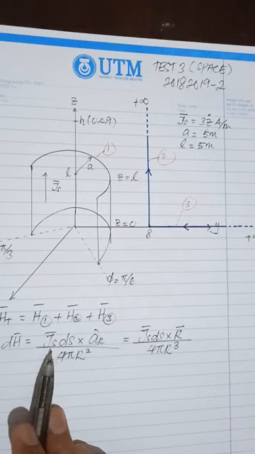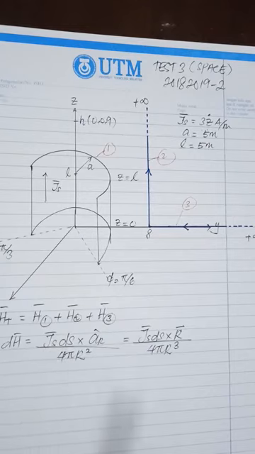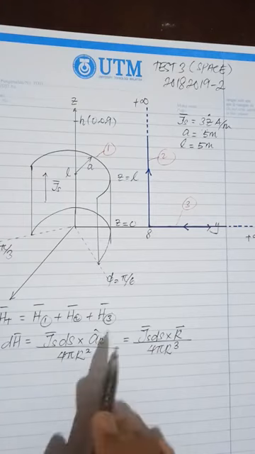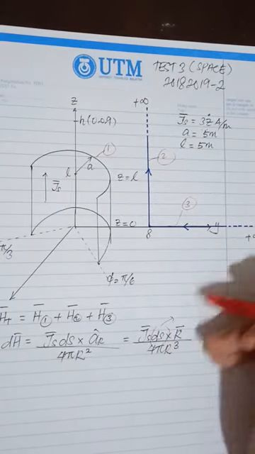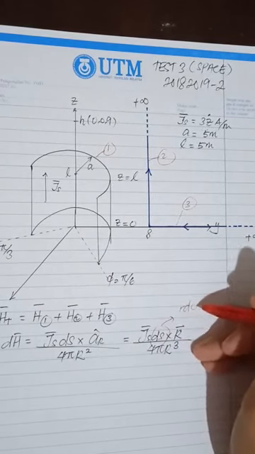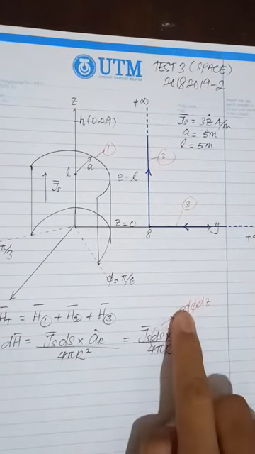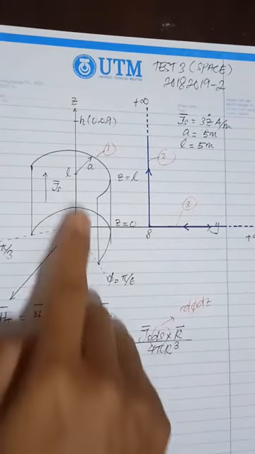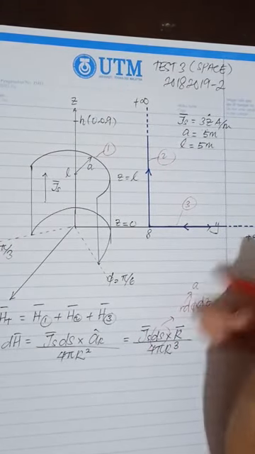We have to put in this current element of surface current, Js dS, and we know the current is flowing on the side of the cylinder surface, isn't it? So dS can be replaced by a dφ dz. In this case our radius remains constant at a, so you can simply replace ρ with a.